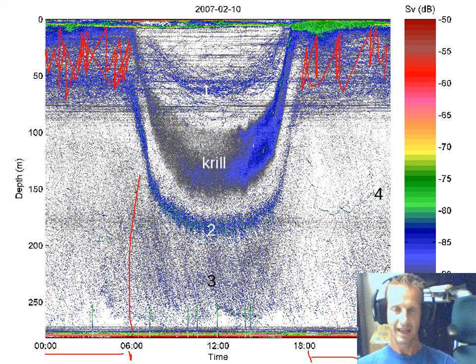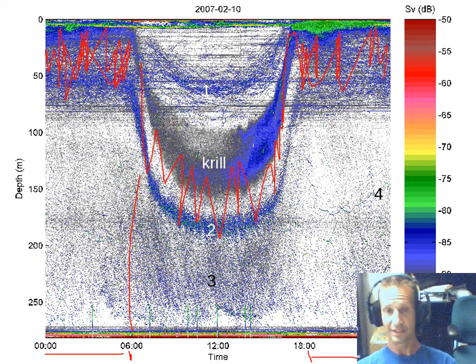And then during the daytime, that layer of particles that sound was bouncing off of seemed to move down deeper. And so people got really curious about what is it in the water that the sound is bouncing off of that seems to be near the surface at night but deep down during the day, up to like 100 to 200 meters deep in the day.